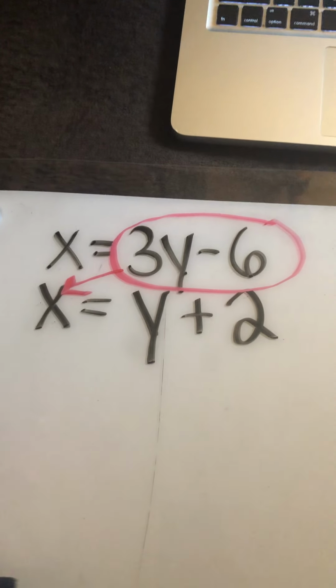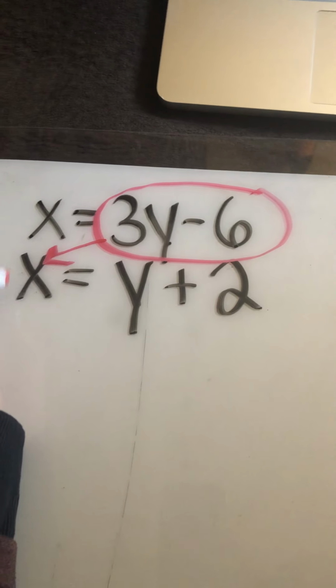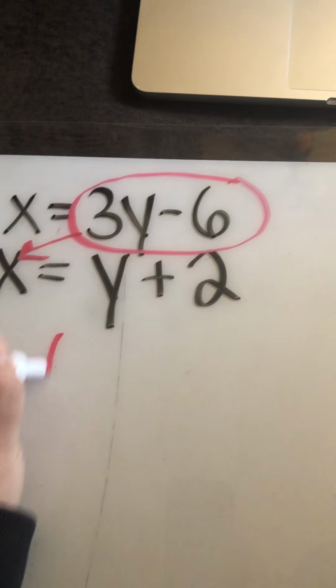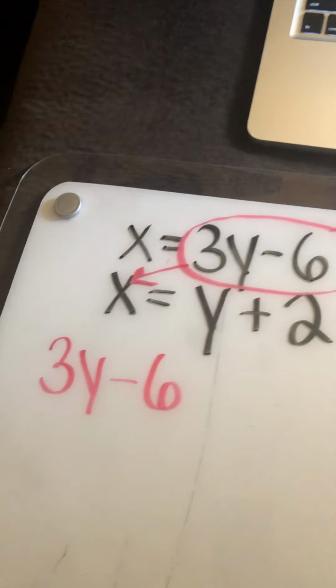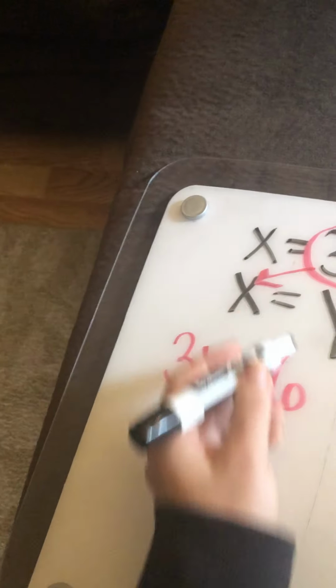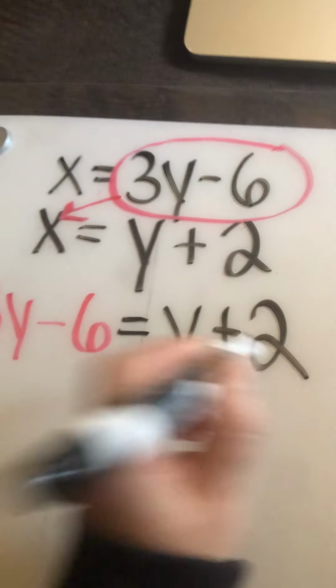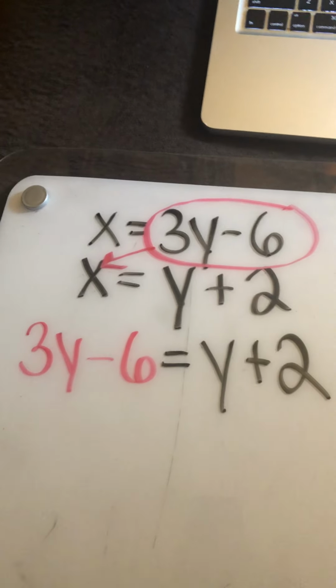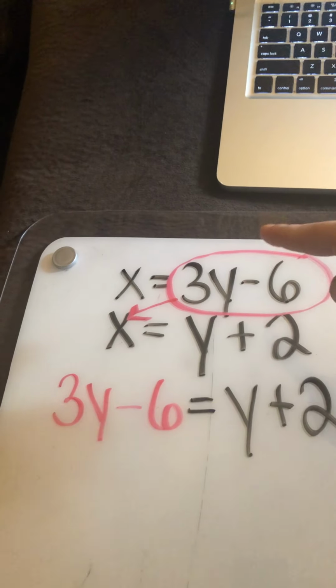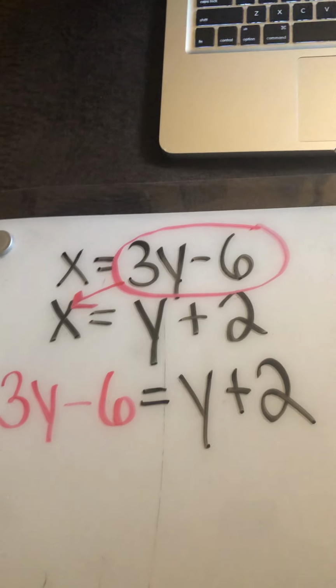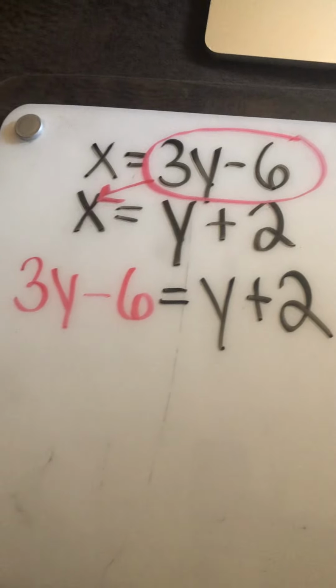So I'm going to rewrite this so that instead of writing x, I'm going to write what x equals. 3y minus 6, and then I just put the other side that's there, equals y plus 2. Okay, so that's your step 1. Circle which one you're going to substitute, put an arrow to show where you're putting it, and then rewrite your equation. And now we're just going to solve like we normally would.